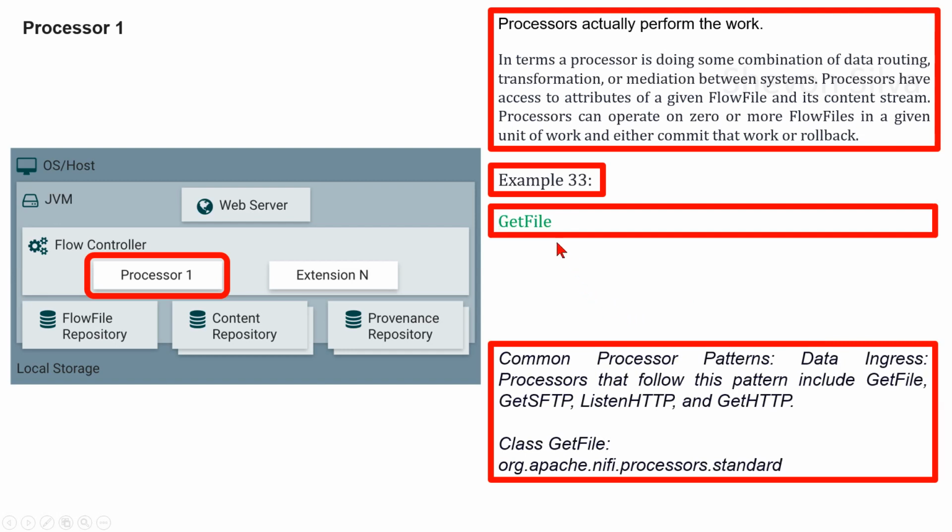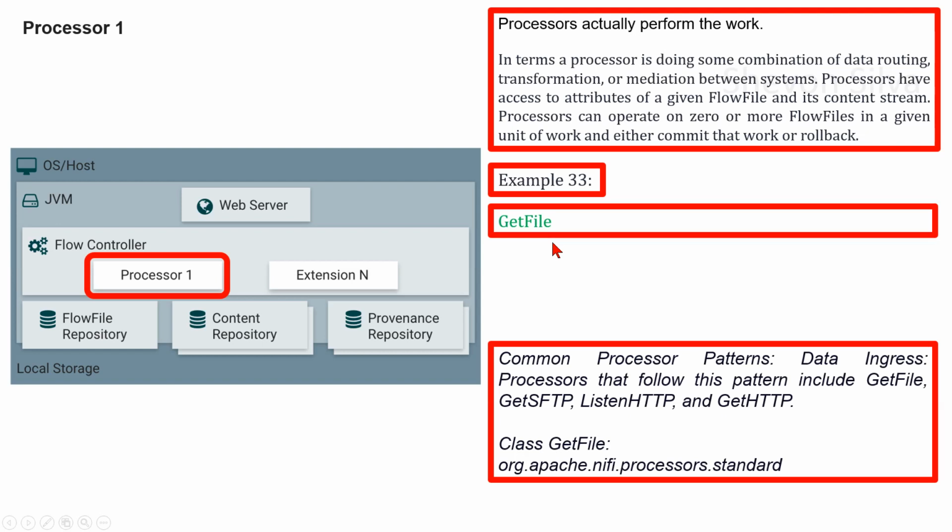Processors should follow these patterns, including GetFile, GetSFTP, ListenHTTP, and GetHTTP. The class GetFile is in the package org.apache.nifi.processors.standard. A processor that ingests data into NiFi has a single relationship named success. This processor generates a new flow file via the ProcessSession create method and does not pull flow files from incoming connections.